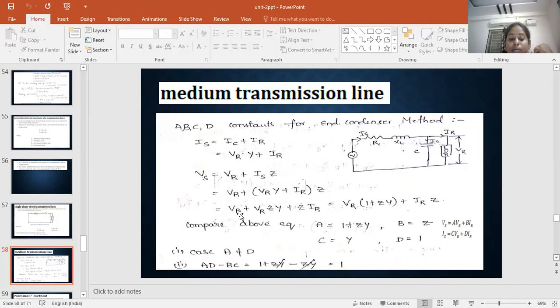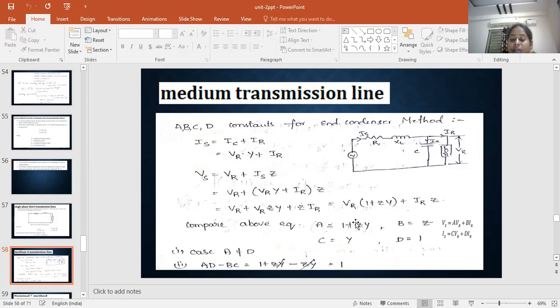These are the two Vr terms, so taking Vr common, Vs equals Vr into (1 plus ZY) plus Z into Ir. So Vs is also expressed in terms of Vr and Ir. Compare these two equations with the two-port equations, Vs equals A into Vr plus B into Ir. So Vs equals A into Vr.